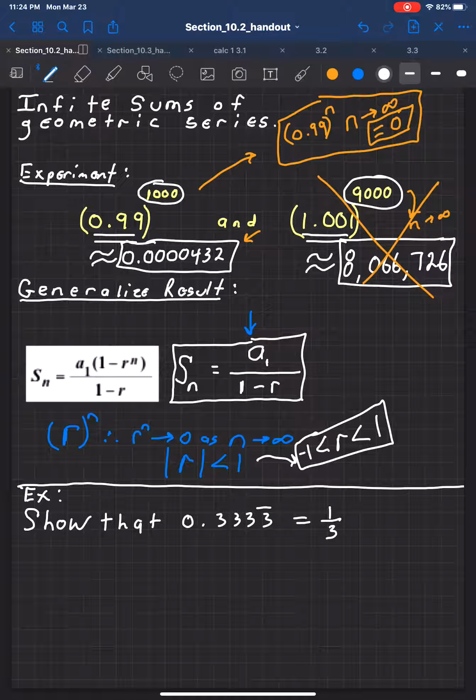So can you see how if I make this term right here 0, the first formula can turn into the second formula? That would be a sub 1 times 1 minus 0, or a sub 1 times 1.